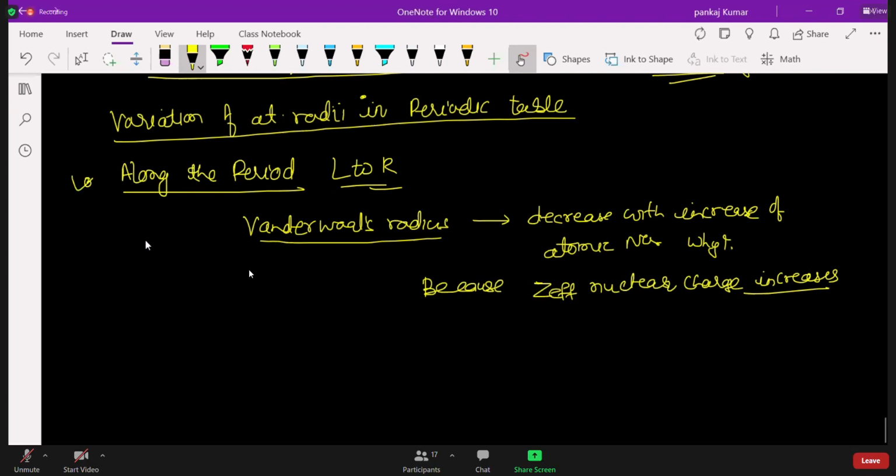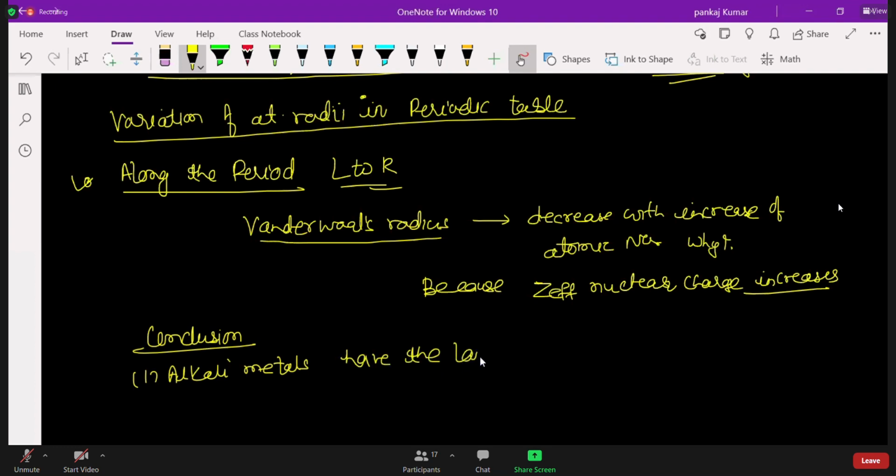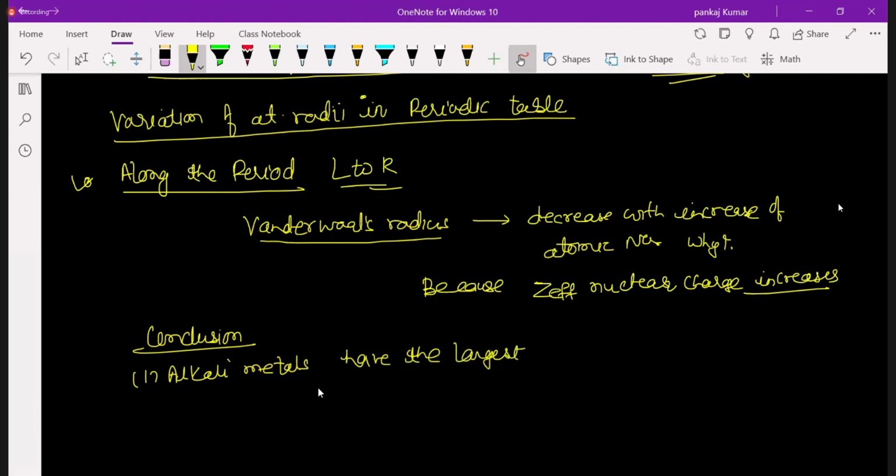Now let's come to the second point. What is the conclusion from here? The conclusion is that alkali metals have the largest size along the period.